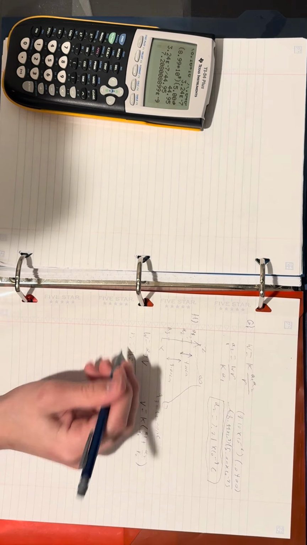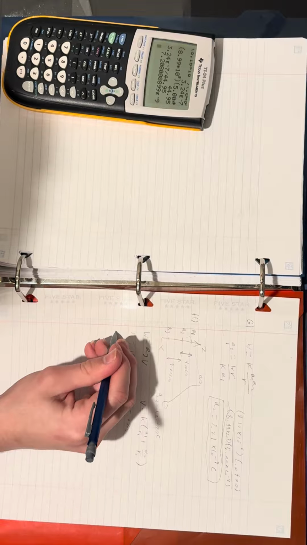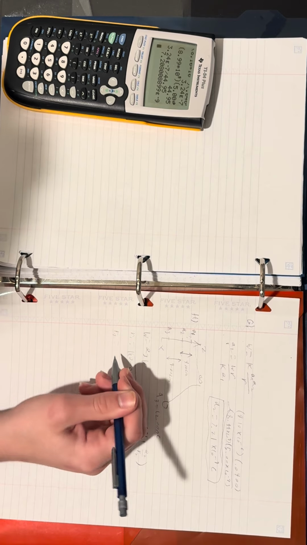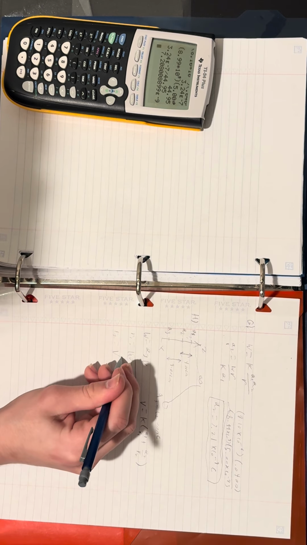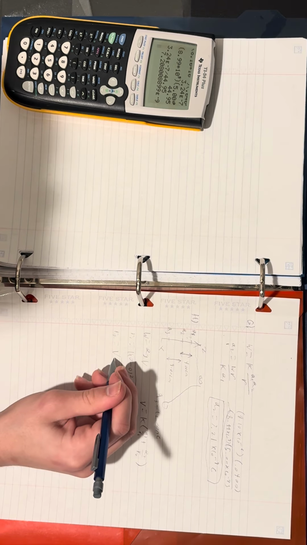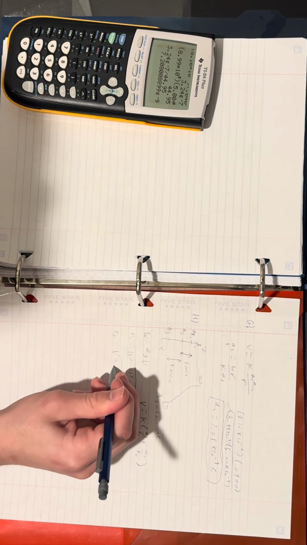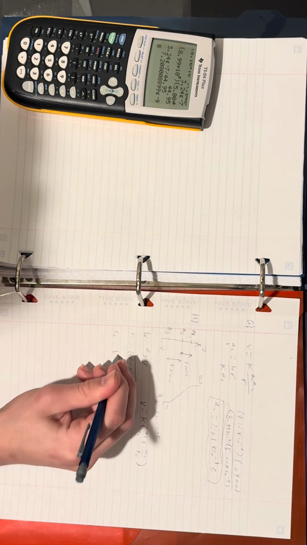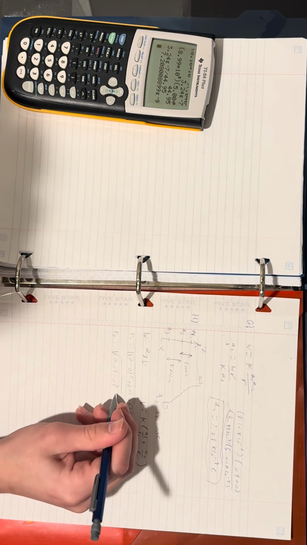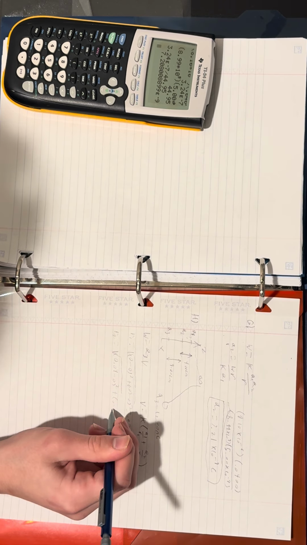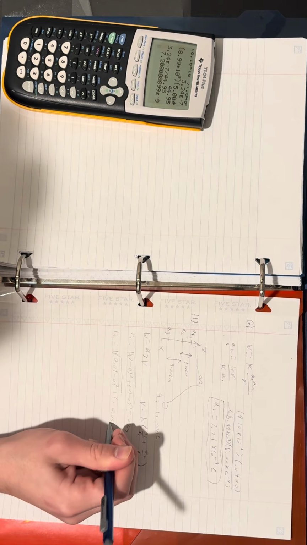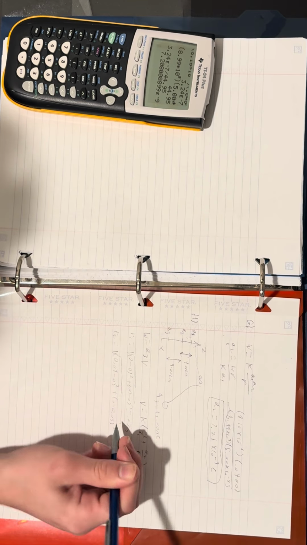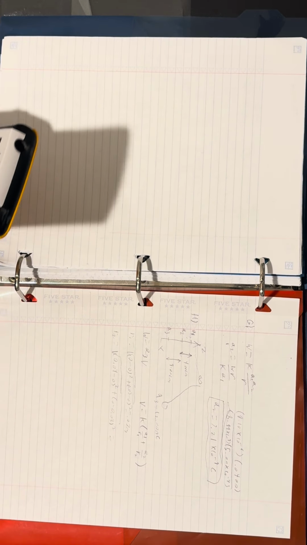And then from charge 2 to 3, we have 0.04 squared plus 0.03 squared. I'm going to put that in the calculator.